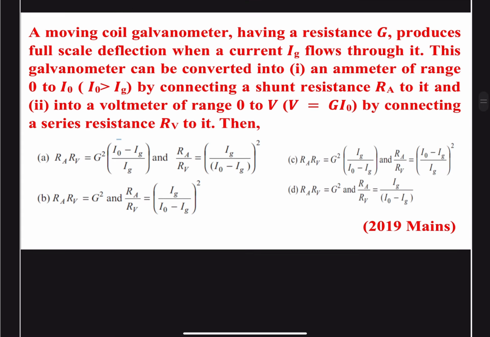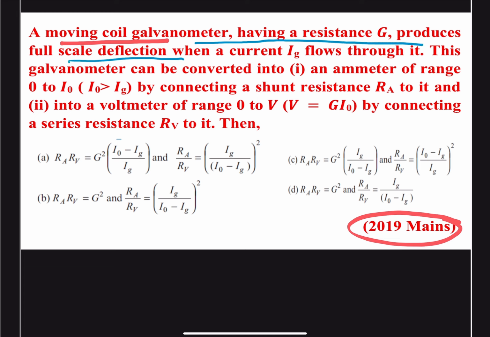So we come to the next question, and this question was also asked in 2019 mains. It states that a moving coil galvanometer having a resistance G produces a full scale deflection when the current Ig flows through it.